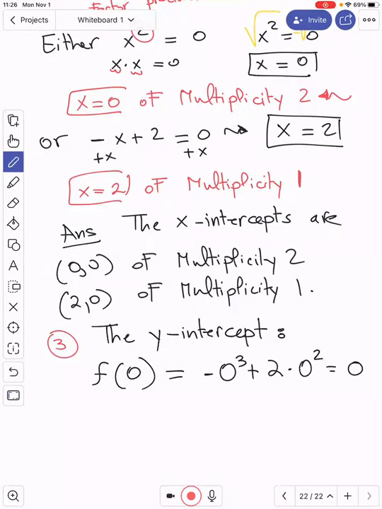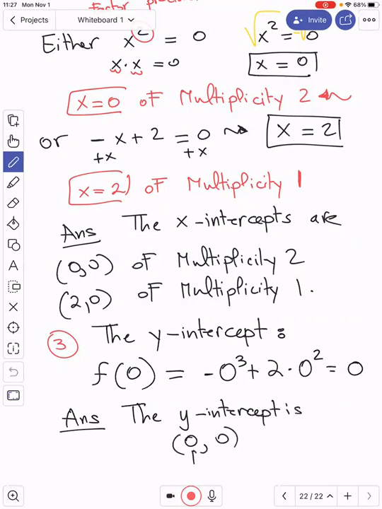So the answer is 0. Your y-intercept is just 0. You don't need the multiplicity for the y-intercept, just for the x-intercept. Of course, the x is always 0 for the y-intercept. So that would be (0, 0).